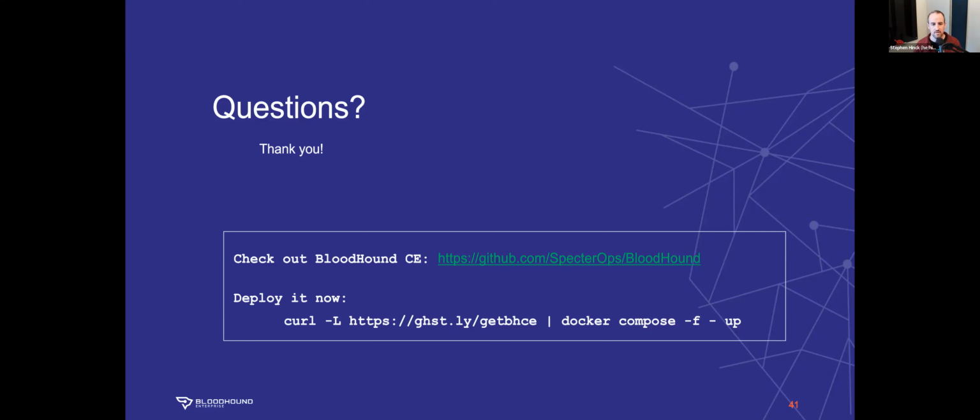I'll share the command in the answers. Once you're running off Docker Compose, an upgrade is basically another one-line command of docker compose pull and docker compose up, and it will restart all of the containers with the fresh bits that you just pulled down.